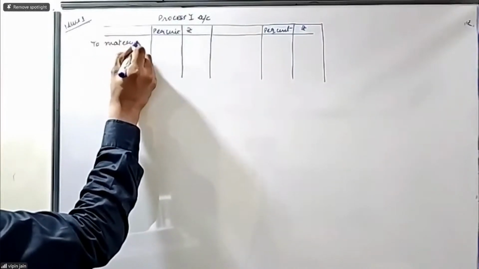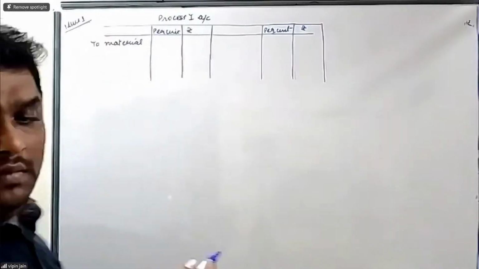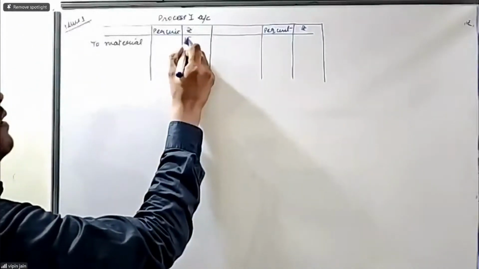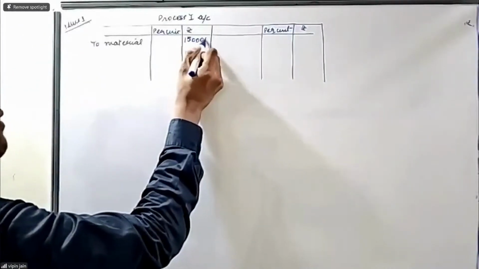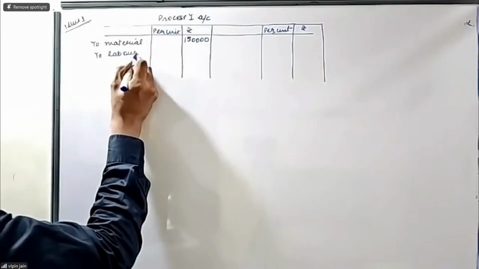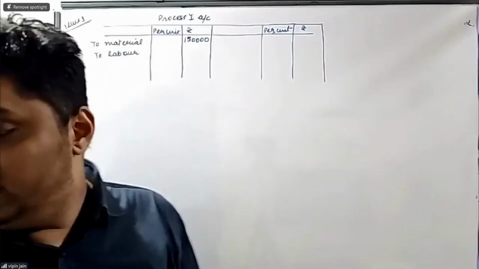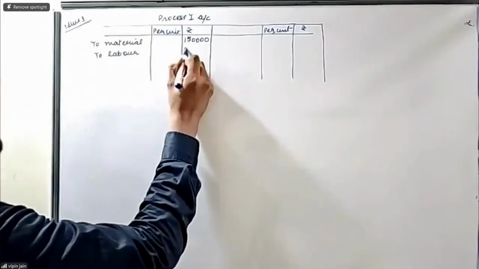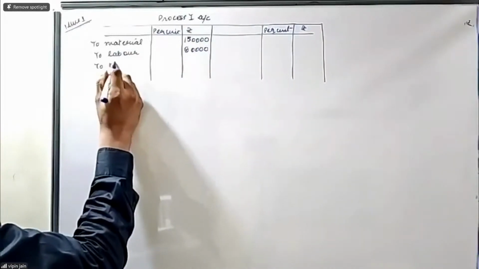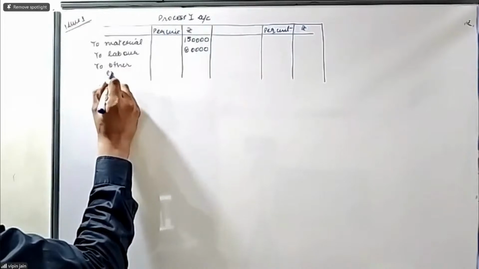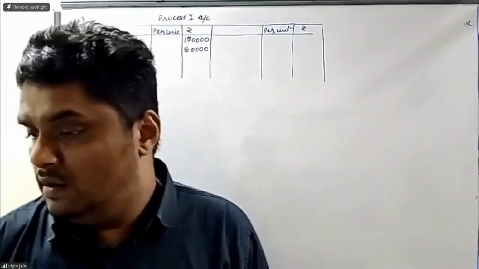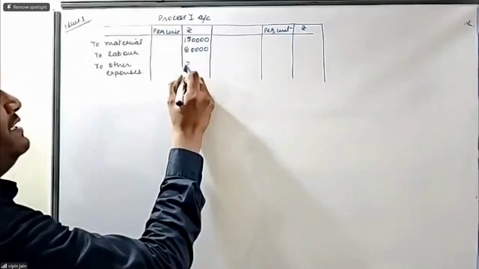Wherein the material is 1,50,000. Labor is 80,000. Other expenses are 26,000.